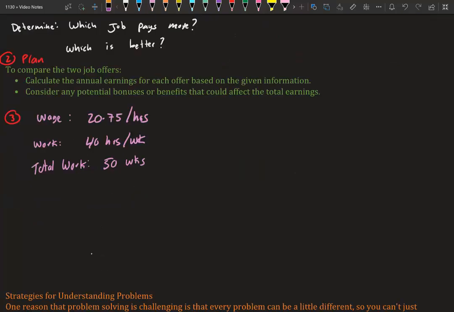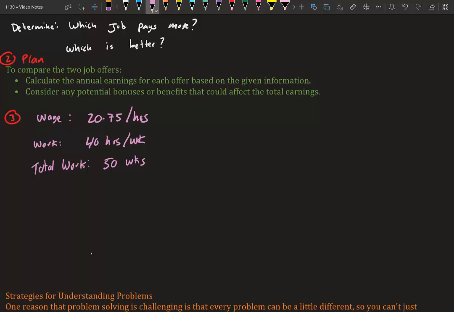Okay, so we're going to multiply. Why do we multiply? Because if I work for 40 hours a week and I'm making 20.75 an hour for 50 weeks, we multiply to get our total answer because we want to know how many times we're doing this. It's like if I have 3x, I'm xing 3 times.